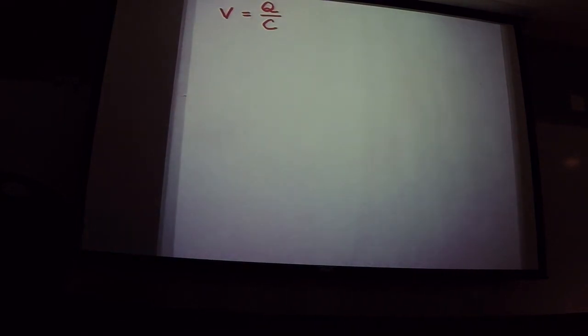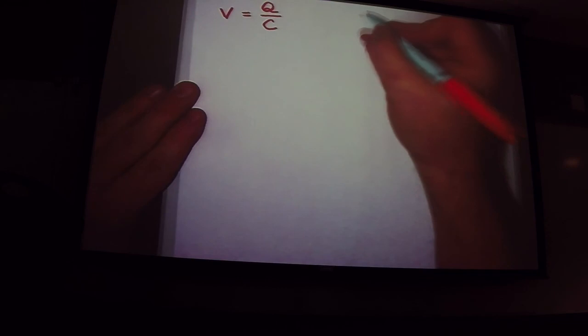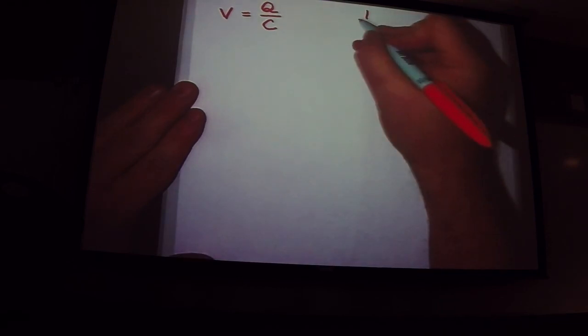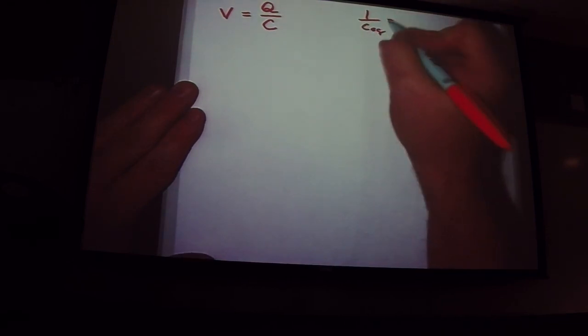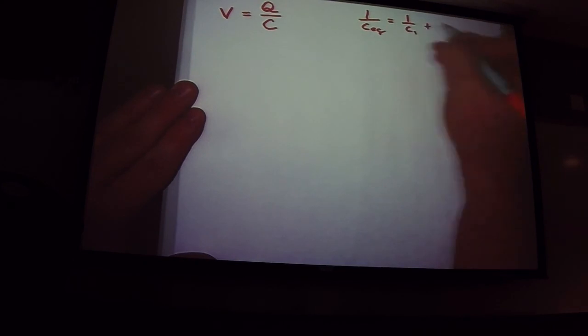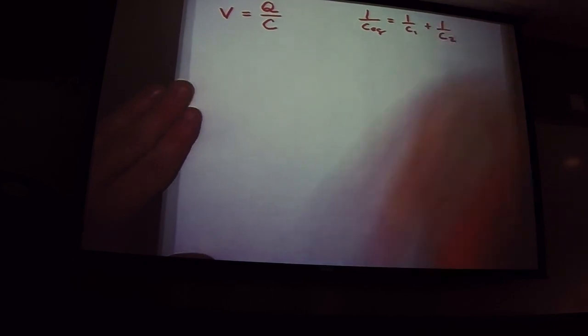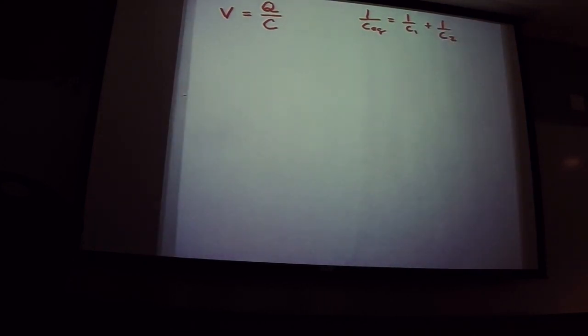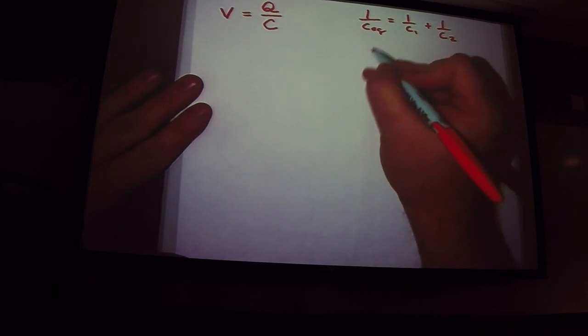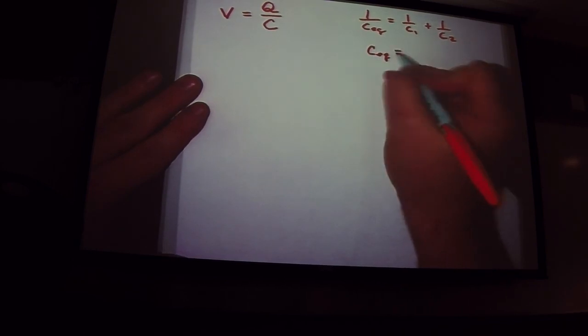Then we talked about capacitors in series. In series, 1 over the equivalent capacitance is 1 over C1 plus 1 over C2. In series, the charge on the capacitors is the same, and the voltages add. In parallel, the equivalent capacitance is equal to C1 plus C2.